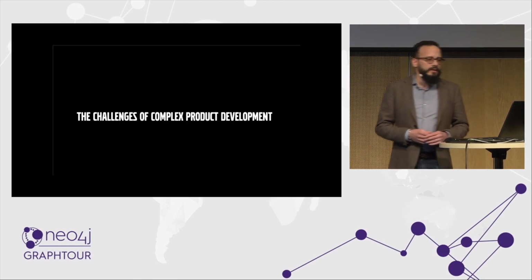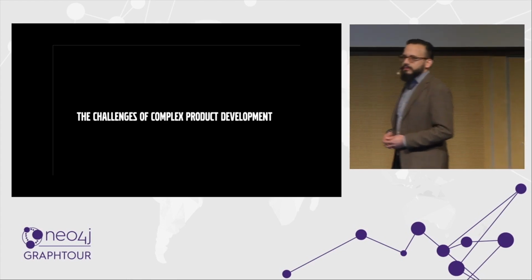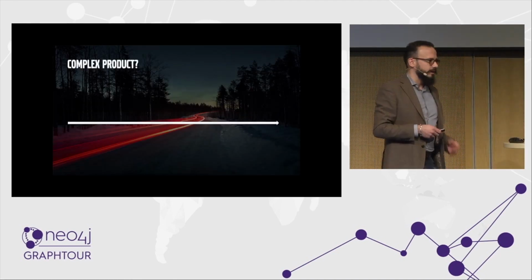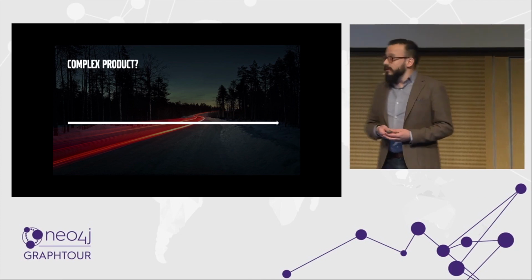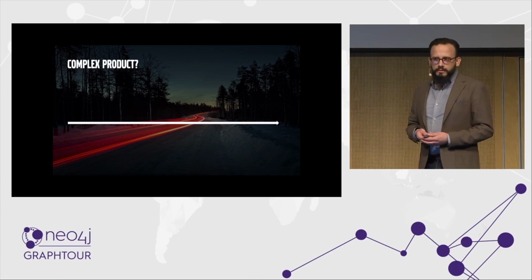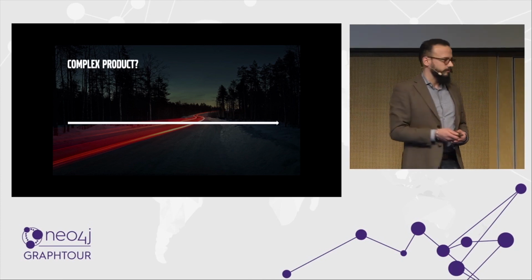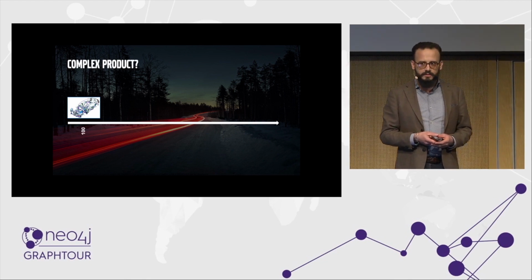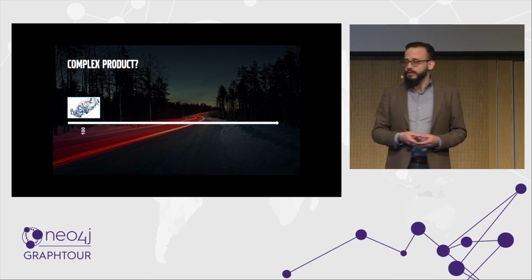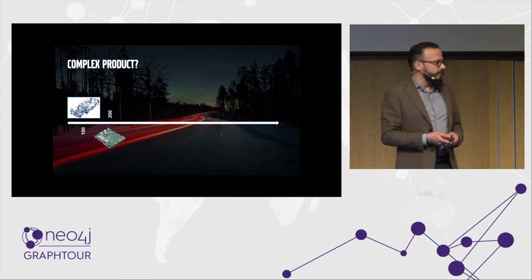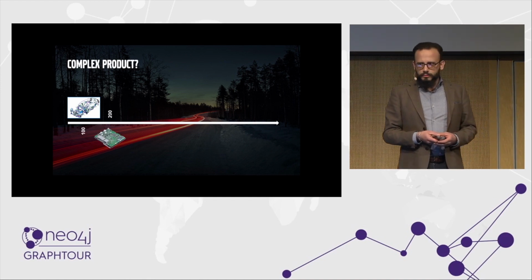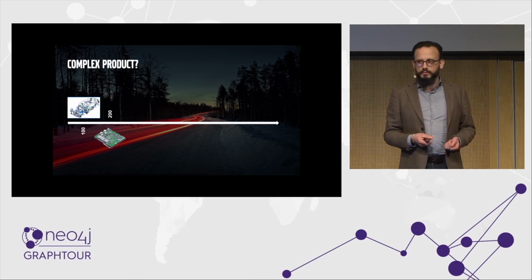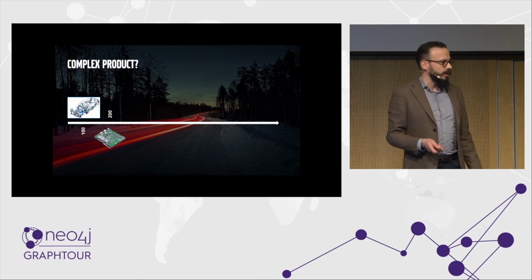So let me start by telling you about the challenges of complex product development. So let's see. Is a Volvo a complex product? So what is a Volvo? A Volvo is about 100 communication buses transmitting information all around the vehicle to 200 control units, computers if you like, that are supporting you while driving your Volvo.